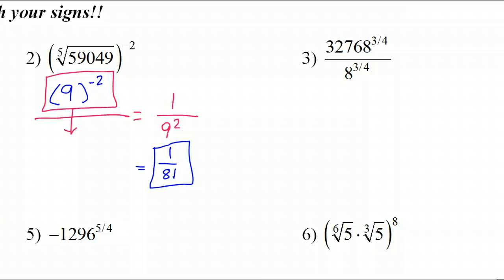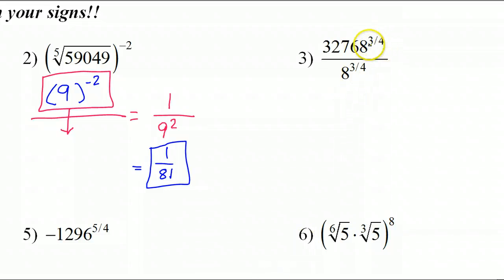Okay, number 3. Well, notice that we have the same exponent here. If the exponents are the same, I can go ahead and do this division and just keep the exponent the same.